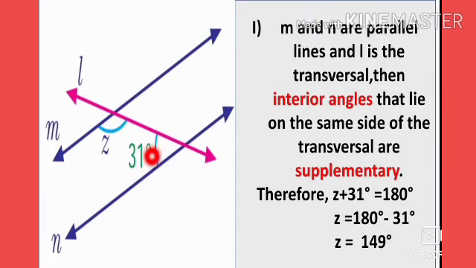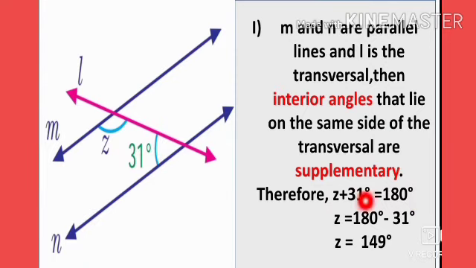So these two angles lie inside the parallel lines, in the interior of the parallel lines, and also on the same side of the transversal. So interior angles that lie on the same side of the transversal are supplementary. Supplementary means the sum of these two angles is equal to 180 degree.